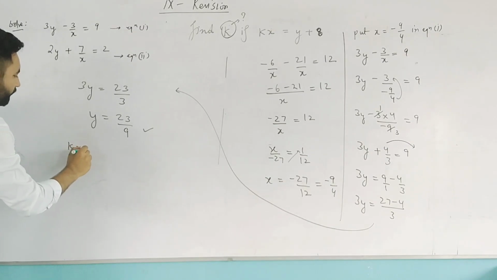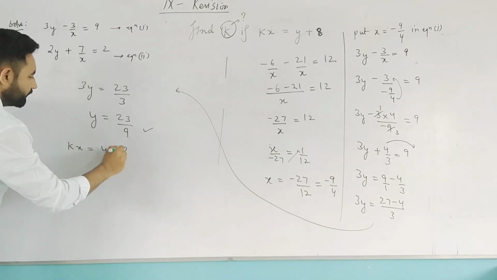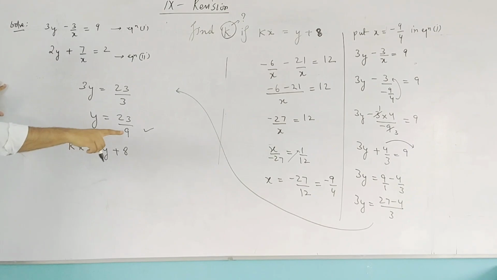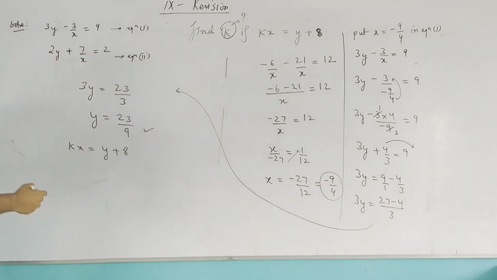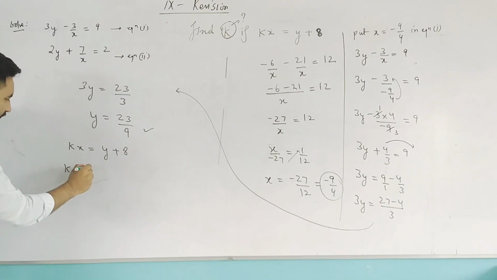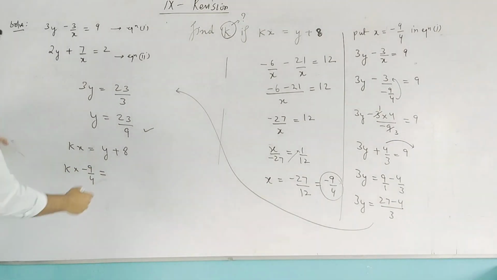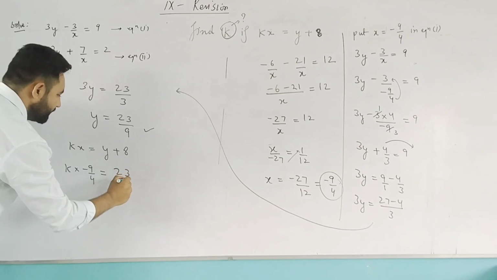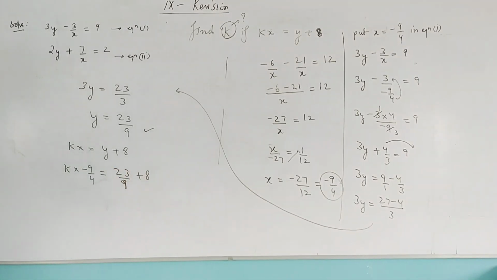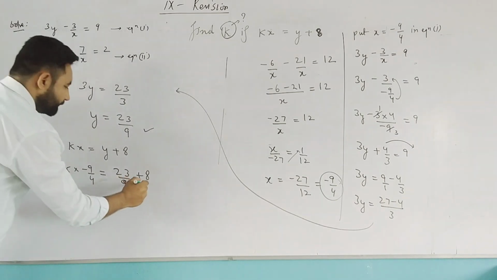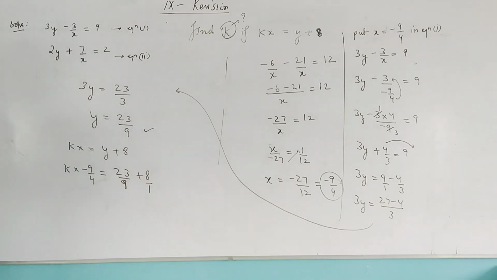Now we need to get the value of k here by putting the value of x and y in this equation, kx is equal to y plus 8. The value of x is minus 9 by 4, and the value of y which we have got is 23 by 9. Let's put 1 in the denominator.